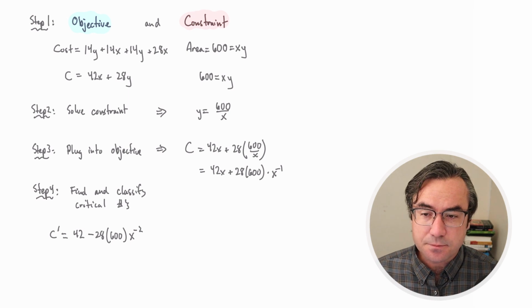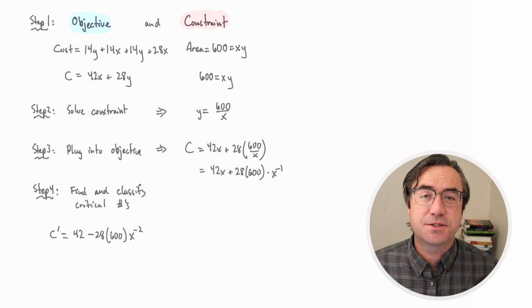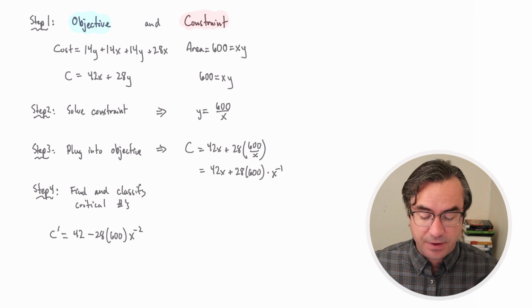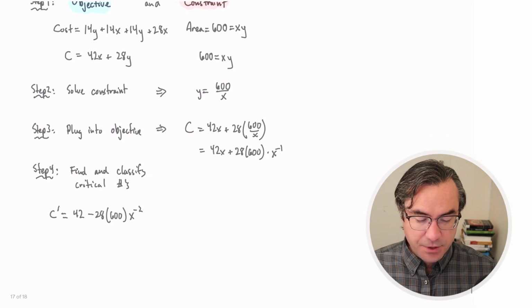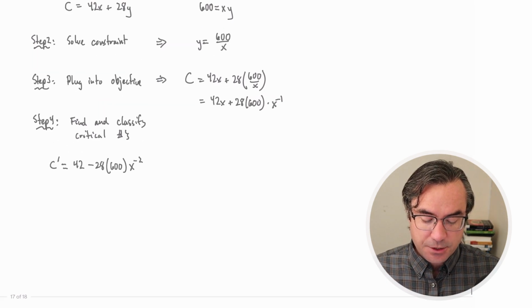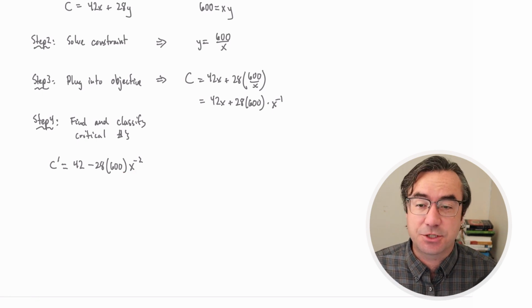Okay. Now we want to figure out where this derivative is either equal to 0 or where it's undefined. And before we do that, though, it's usually helpful to try and rewrite negative exponents back as a fraction.